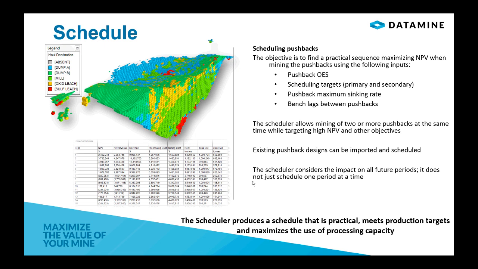Just to remind you, our scheduler is optimizing all scheduling periods at the same time. So a decision that has to be made during period 5 will affect what needs to be mined in year 1, 2, 3, and 4.